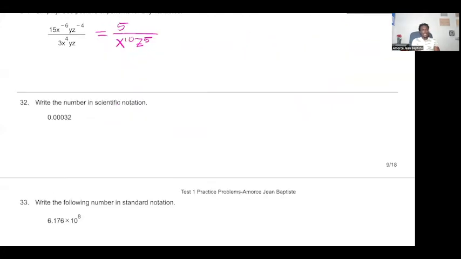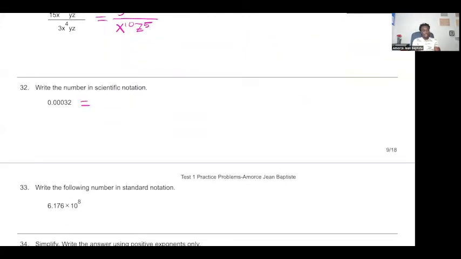Over here we have 0.00032. Now we're converting from standard to scientific notation. So, scientific notation, what you need to remember is it's always in the form of a times 10 exponent p, where p is an integer.